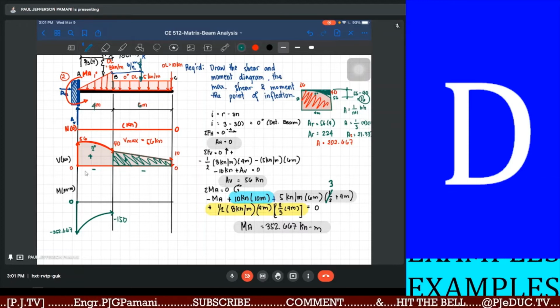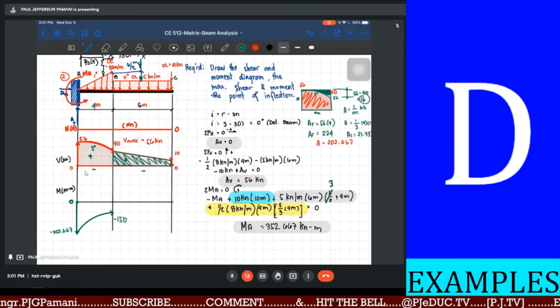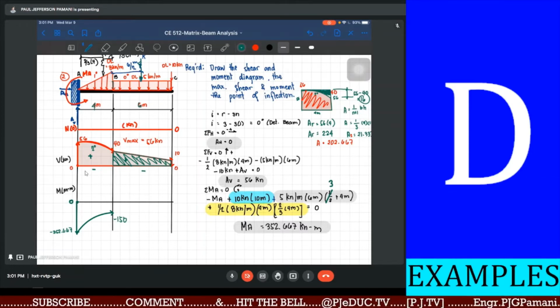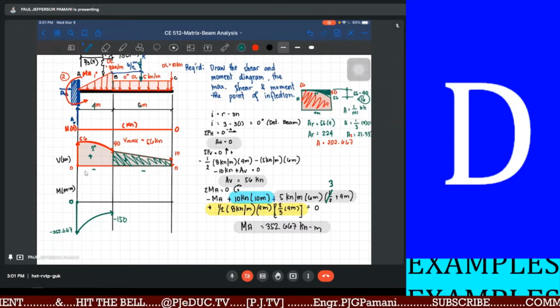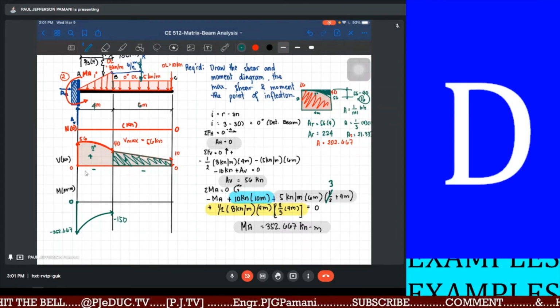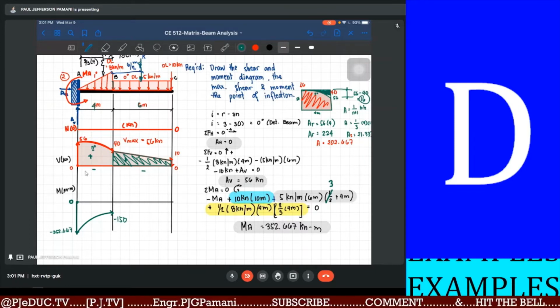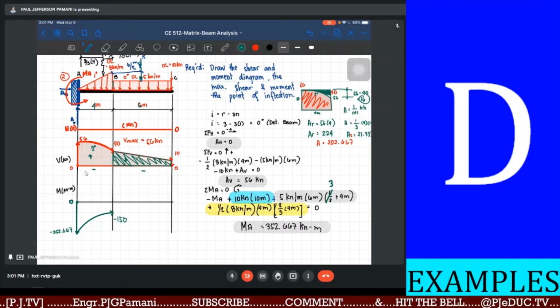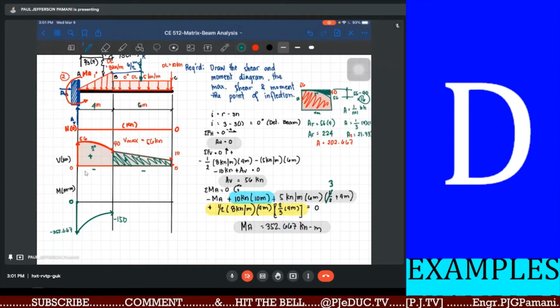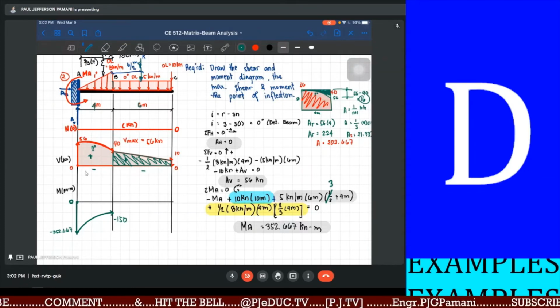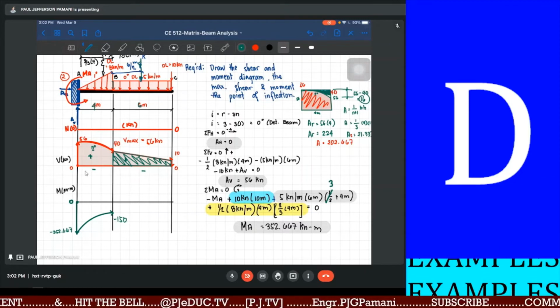Area of the trapezoid, 40 plus 10 over 2 times 6. So, that is negative 150 plus, dahil nasa positive quadrant yung ating trapezoid, 1/2, 40 plus 10 times 6. That is basically equal now to 0.